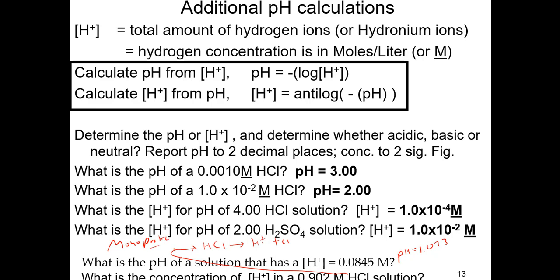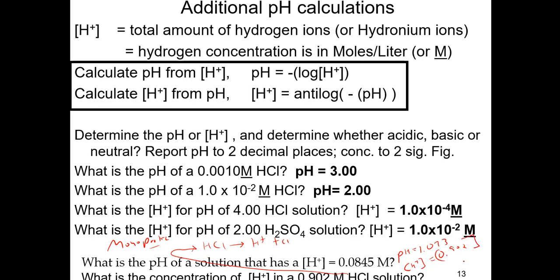Now this next question is super easy. If I'm dealing with the molarity of HCl, then the concentration of hydronium ion is going to be the same answer. So H plus, or hydronium, is going to be 0.902 molarity.